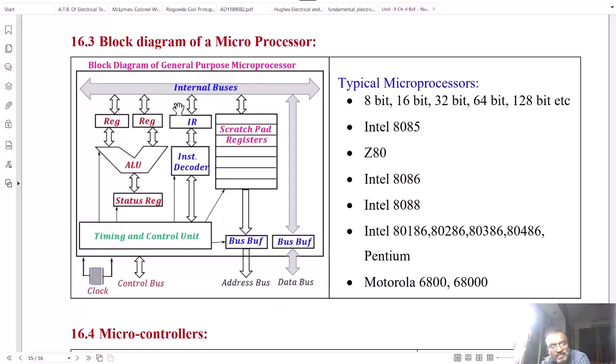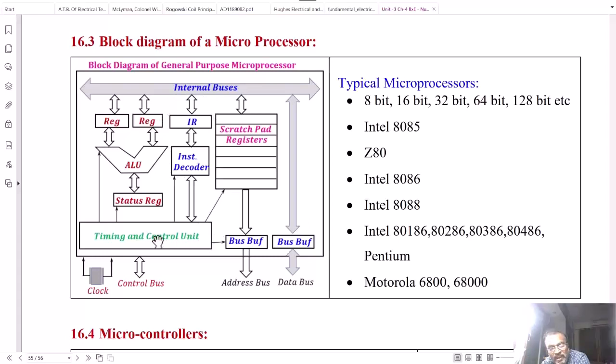This instruction register data is given to the instruction decoder circuit, which decodes the code and generates the decoded output. Those outputs are connected to the timing and control unit, which then performs the sequence of operations by the control signals generated by the decoder. This way, the processor executes the instruction.